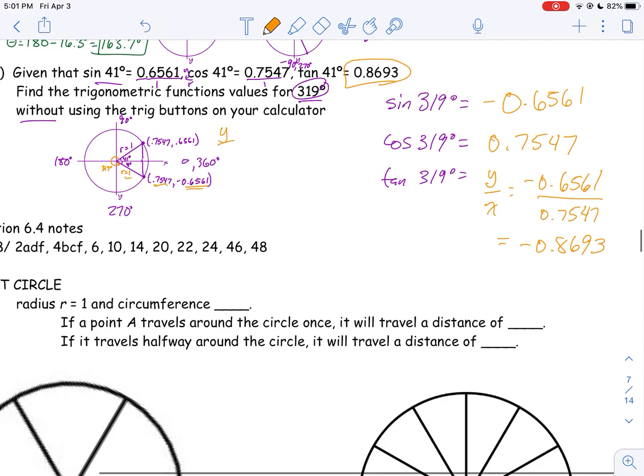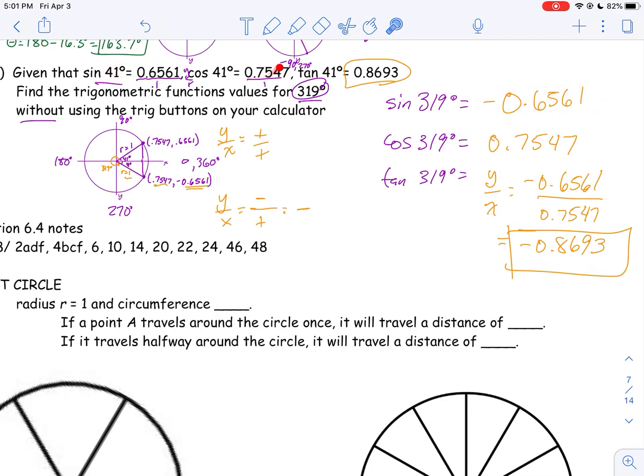Well, in the first quadrant, y over x is going to be a positive divided by positive. In the fourth quadrant, down here, y is now negative, x is positive, so that answer is going to be negative. And so we can see that where my y-coordinate originally was positive, now it's negative.